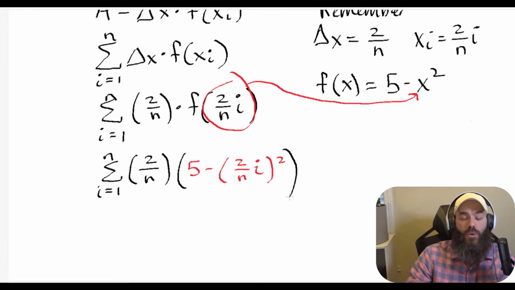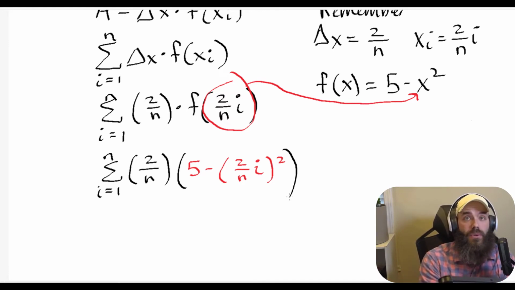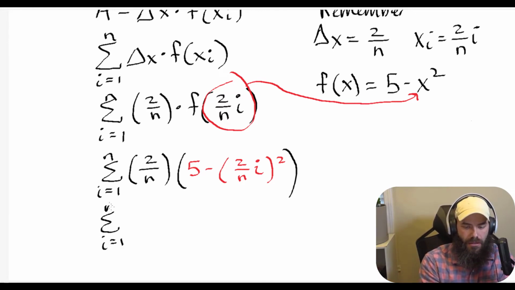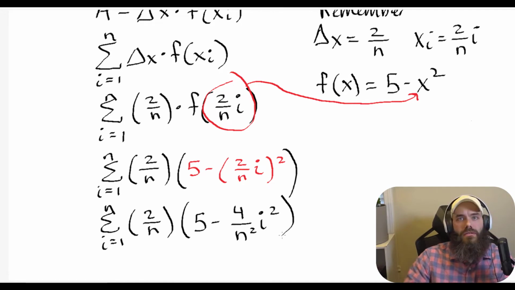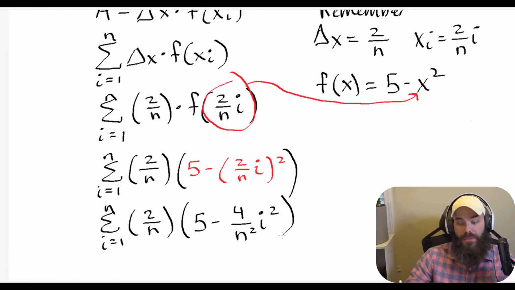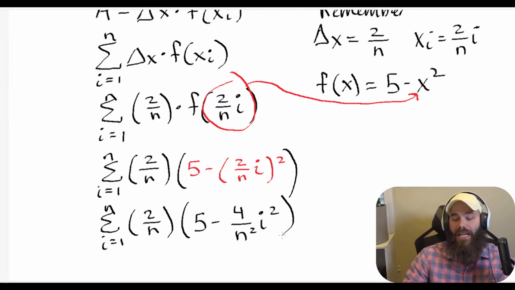So notice we're going to square 2 over n times i. All right, when we square that, we'll get this. Okay, we have the summation from 1 to n of 2 over n. Remember, that's the width of each of my rectangles, times the function calculated at 2 over n times i, which comes up to be 5 minus 4 over n squared times i squared.